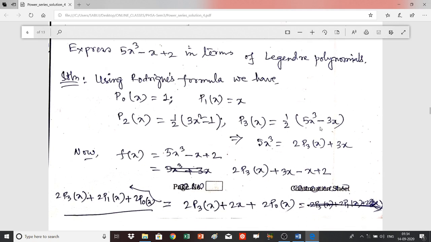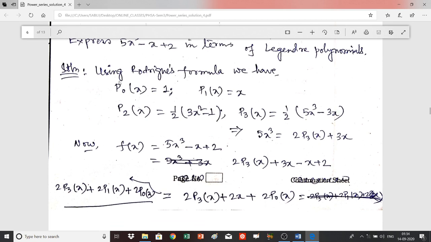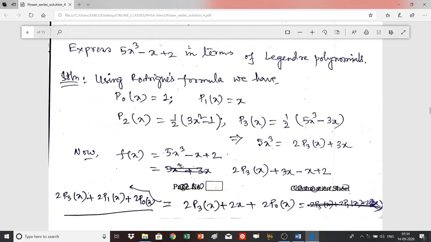So from the last term, you can write 5x cubed is equal to 2P3 plus 3x. Now the function given to you is f(x) equal to 5x cubed minus x plus 2, and it can be written with 5x cubed replaced by 2P3 plus 3x, and then minus x plus 2.